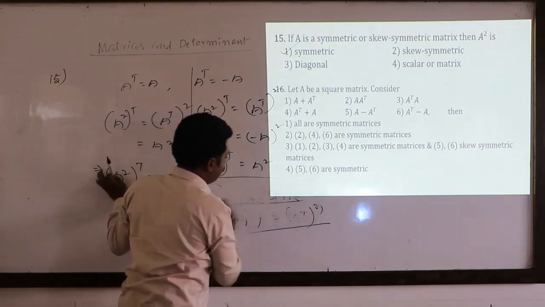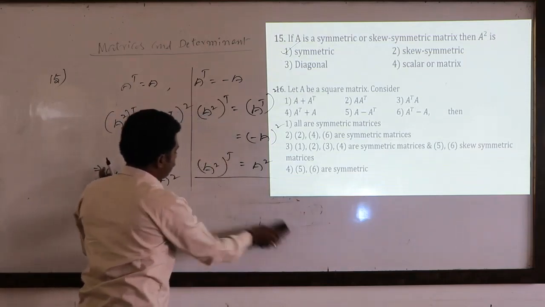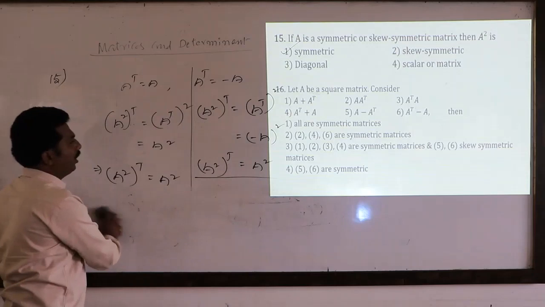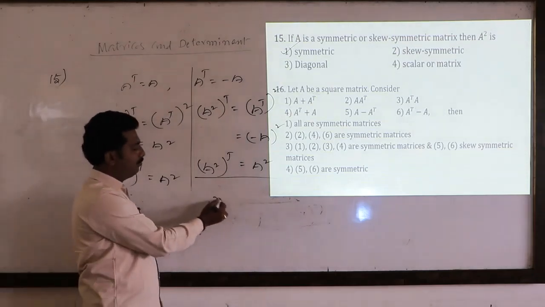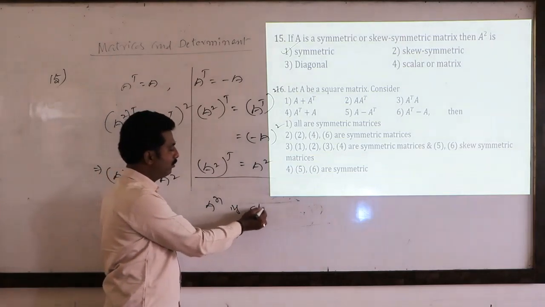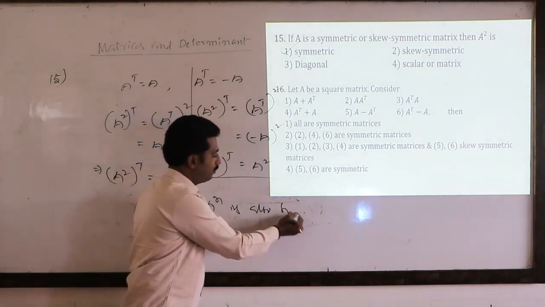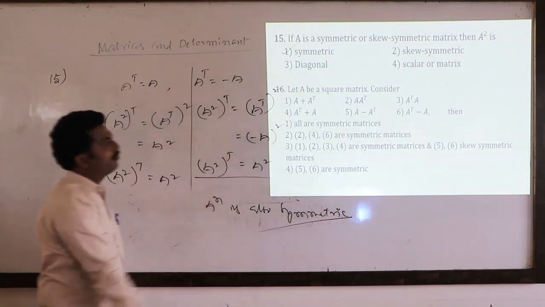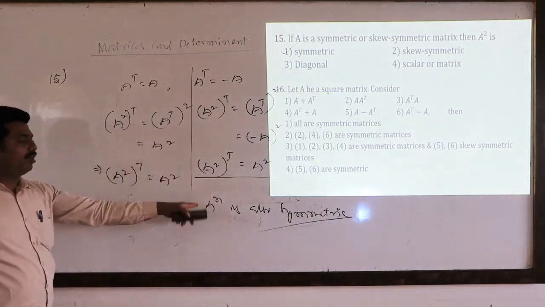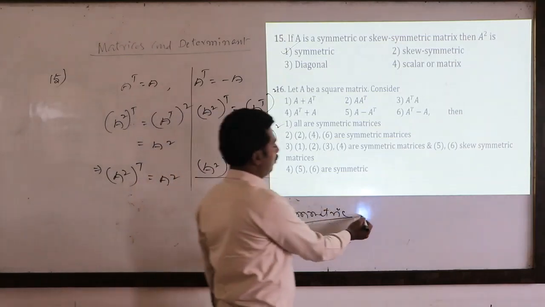Not only A square, you remember, if A is symmetric matrix, then A square, A cube, A power n is also symmetric. That formula remember, A power n is also symmetric matrix, where n belongs to any natural number you can take.